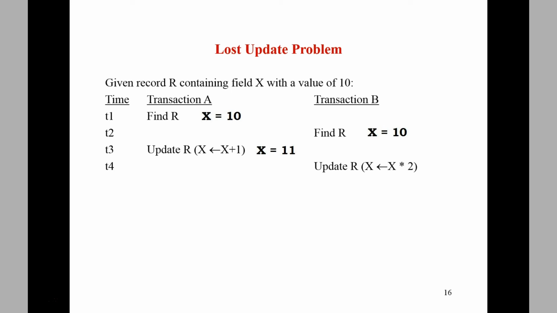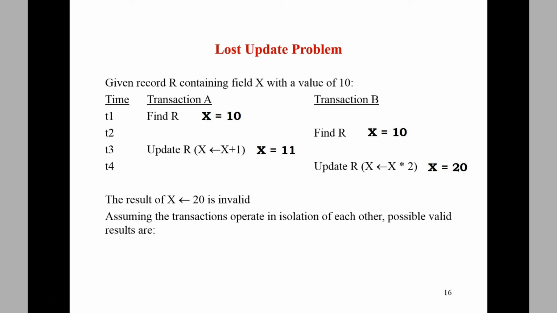So the version of the record that transaction B is working with shows a value of 10 in field X. The goal of transaction B was to double the value of X, multiply it by 2. Now the result is going to be 20. What happens is the update that was made by A was overwritten with the update that was made by B.